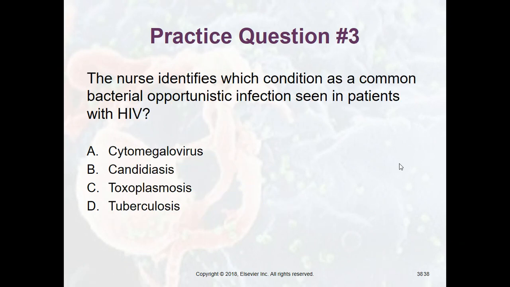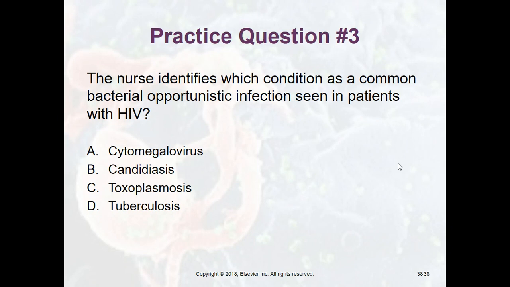Practice question number 3. The nurse identifies which condition as a common bacterial opportunistic infection seen in patients with HIV. Cytomegalovirus, candidiasis, toxoplasmosis, and tuberculosis.